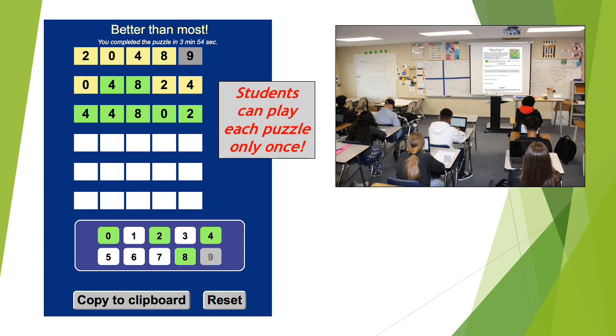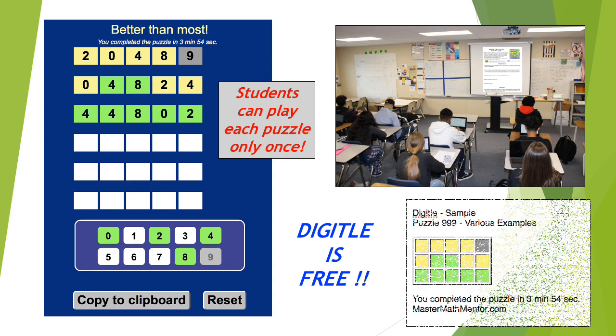When students finish the problems, they pull out their laptops, tablets, or phones and type in the puzzle number on the app. When enough students have completed the work and solved the puzzle, you stop and can go over the problems. Solutions, if you choose to purchase them, are on the MasterMathMentor website, but the Digital game is and always will be completely free.